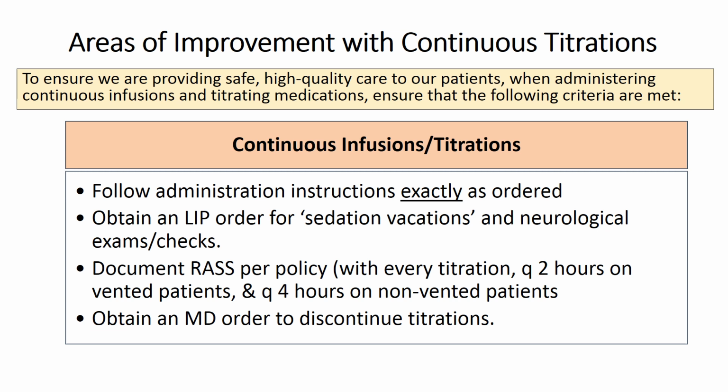So if you have patients who go on the ventilator at night, which happens sometimes in our unit, then during the day, if the patient's not on the ventilator, their RASS can be done every 4 hours. But if they are on the ventilator at night, it needs to be done every 2 hours. And you want to make sure you obtain an order to discontinue any titrations.